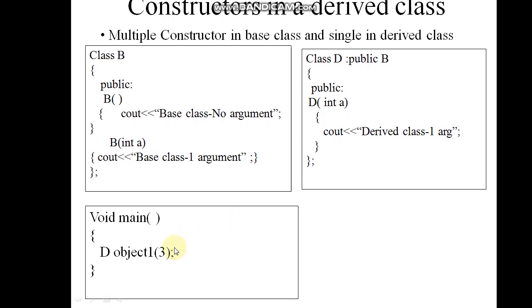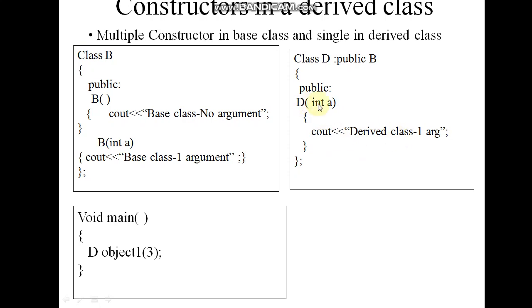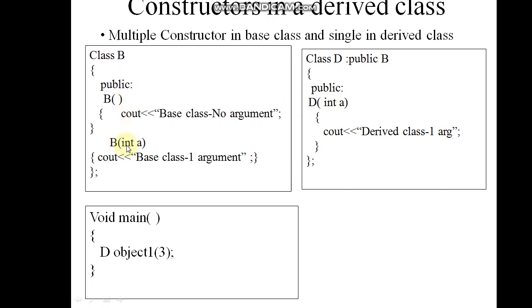When we create an object of the derived class D, if we pass an argument here, this argument will be used in the derived class constructor only. The derived class constructor is not passing this argument to the base class constructor. So when we create the object of derived class, there are two base constructors. This will be parameterized, so this will not be called, as D is not passing any parameter to the base class constructor.